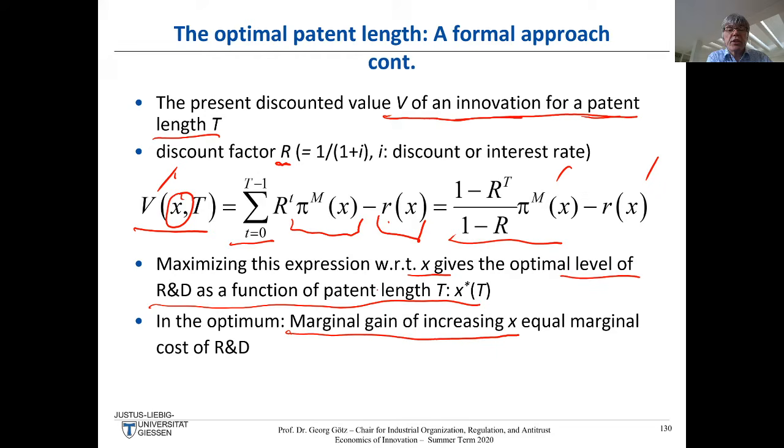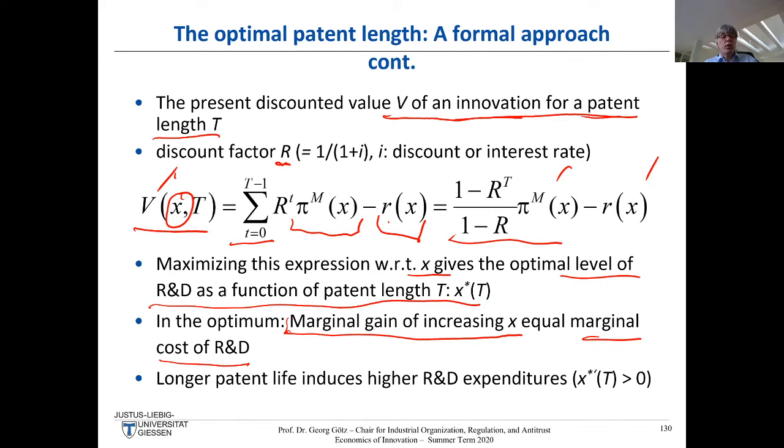The marginal gain of increasing X, this is just the increase in profit, that's just a change in a rectangle, needs to be in the optimum equal to the marginal cost of R&D. Of course, here it's not just the marginal gain, it's not just a rectangle, but it's a rectangle times the time you get this discounted. Okay, that's what we have.